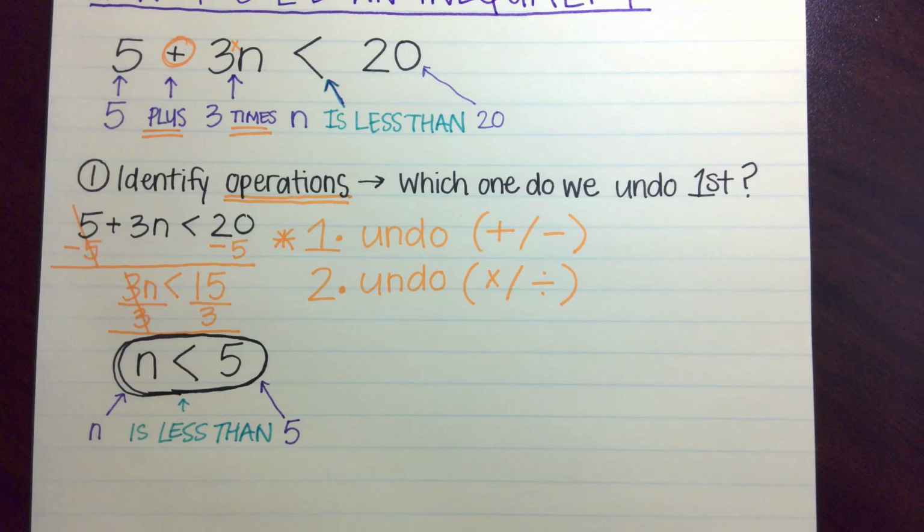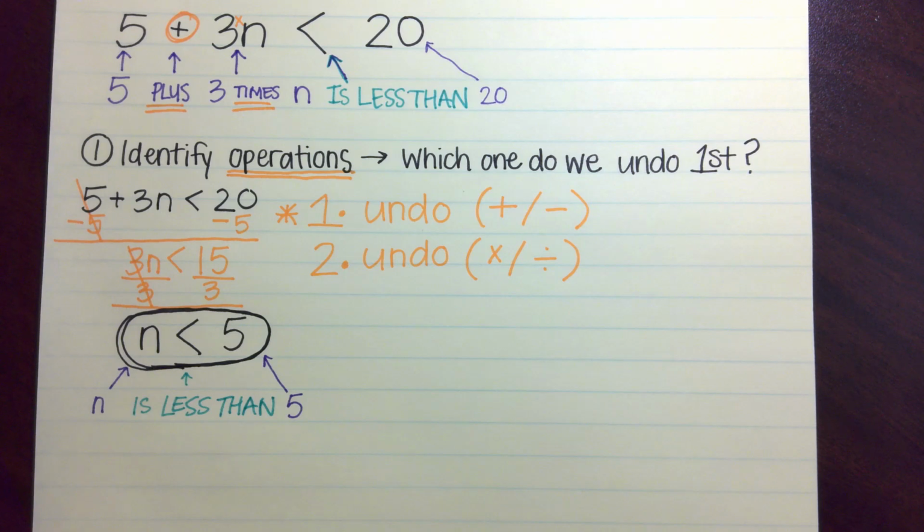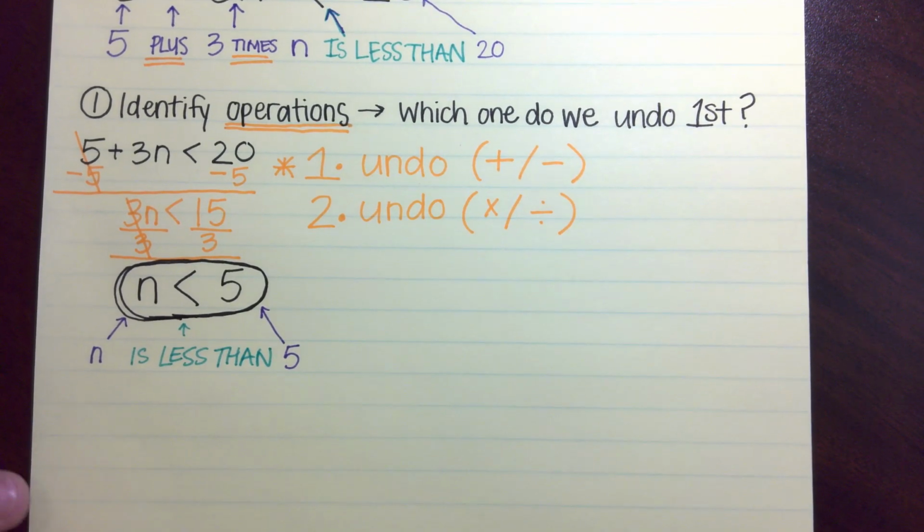So n is any number smaller than 5. So this is everything that's happening in step 1.